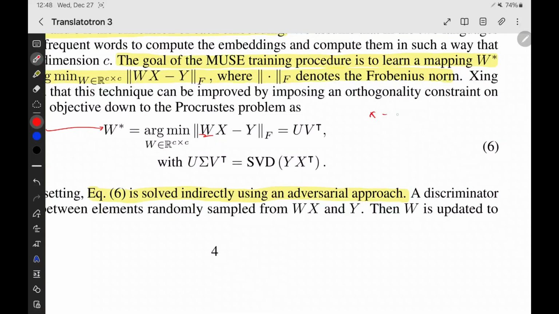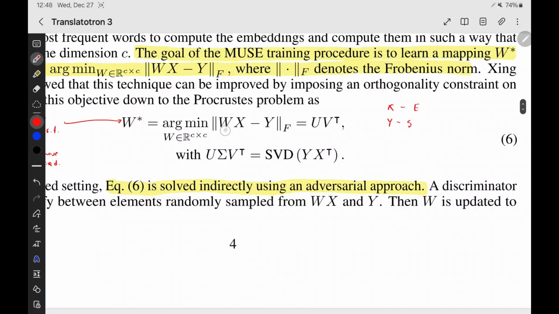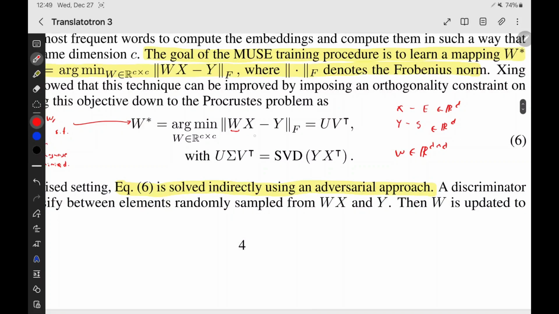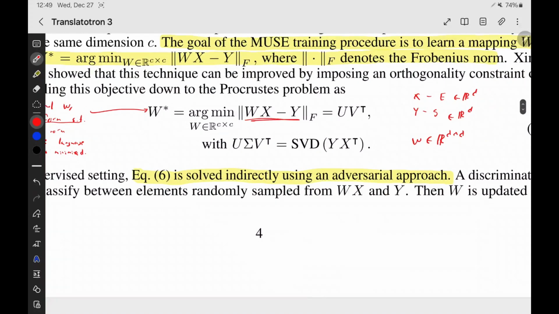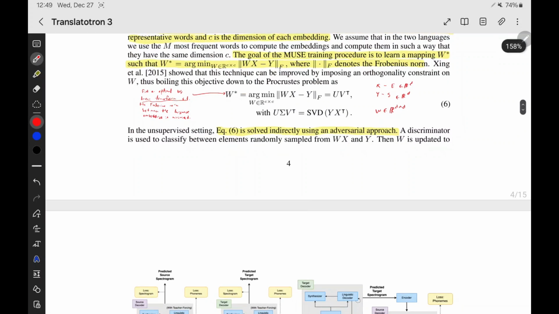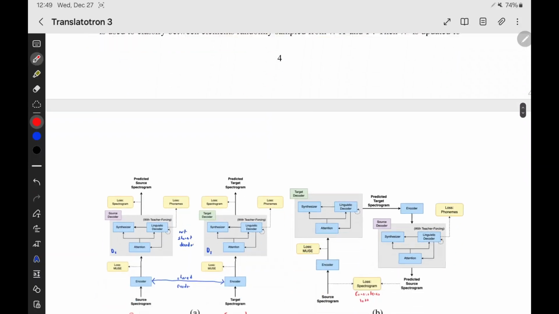If X is an embedding for English and Y is an embedding for Spanish, then you want to find a matrix W in R^(D by D), such that the L2 norm between these 2 is minimized. That'll be your optimal W. So you're basically going to find an optimal W, a linear transform, such that the Frobenius norm between the language embeddings is minimized.